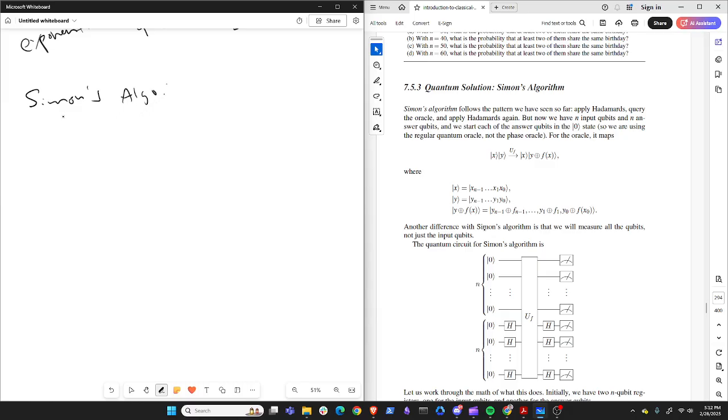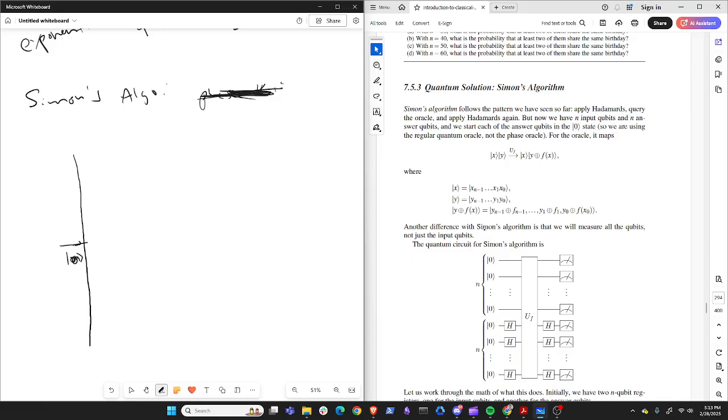is that we want to use the phase kickback rule again. Or actually, sorry, we do not use the phase kickback. So we'll follow the pattern that we've seen so far, except this time we have n input qubits.